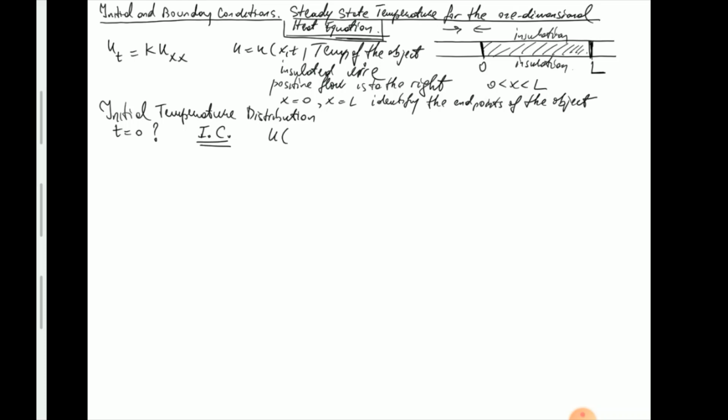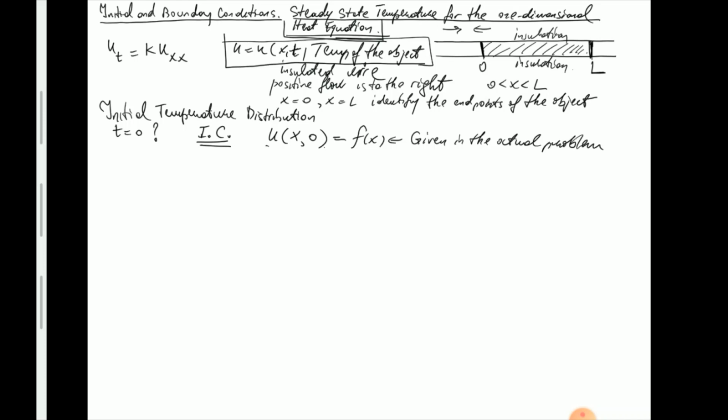So you will say that u(x,0), so notice u(x,t) is the temperature of the object at location x and time t. So therefore at time 0, the temperature at location x will be given typically by a function of x. So this function is typically given in the actual problem.